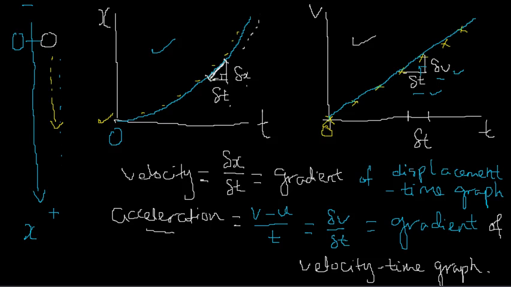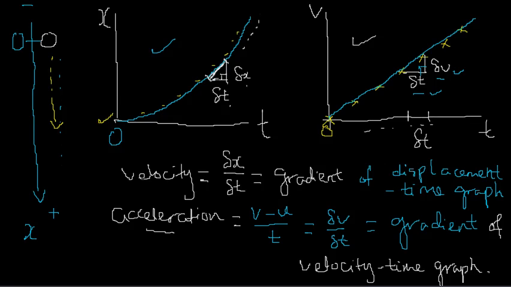Okay, now once we have this idea, just by looking at this velocity time graph, we can actually try and sketch the acceleration time graph. Think about what happens as time passes in the velocity time graph.